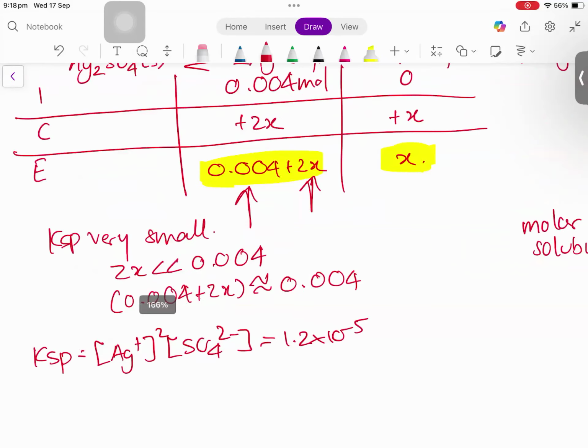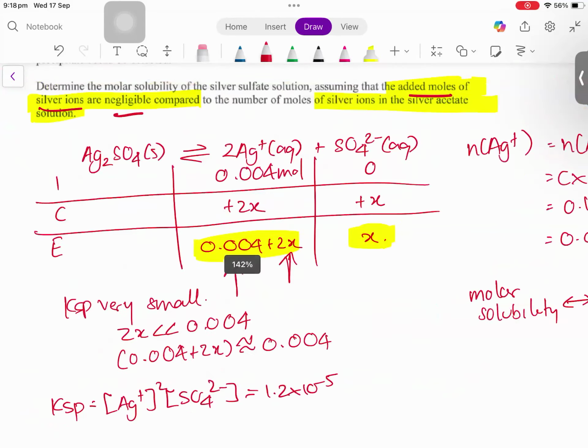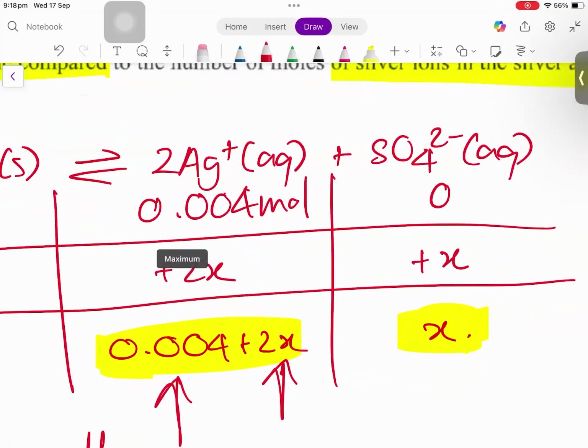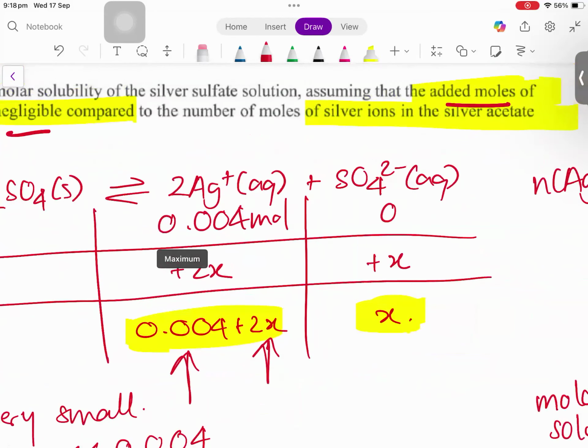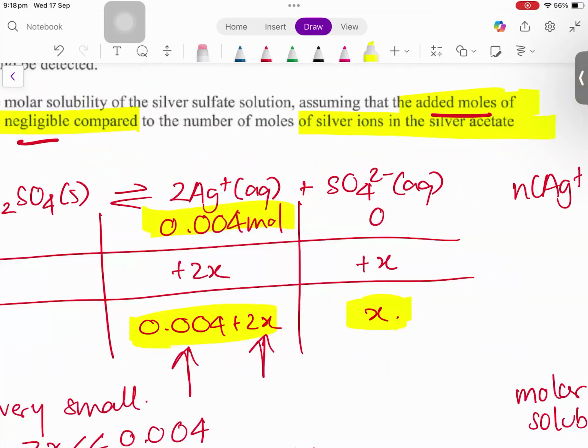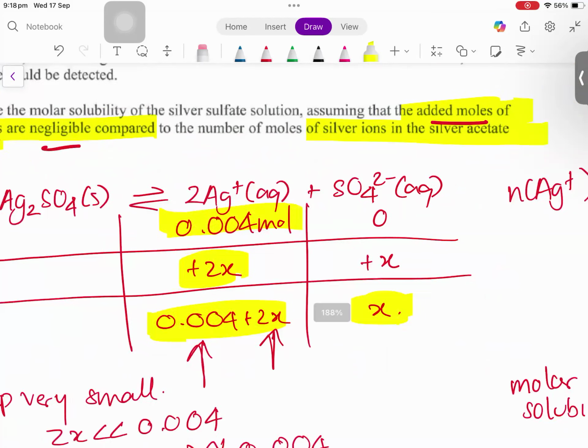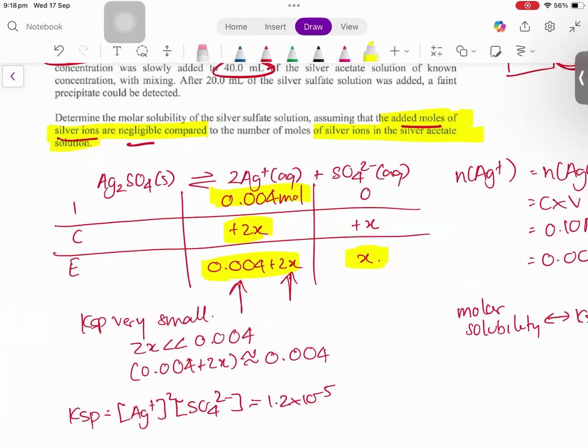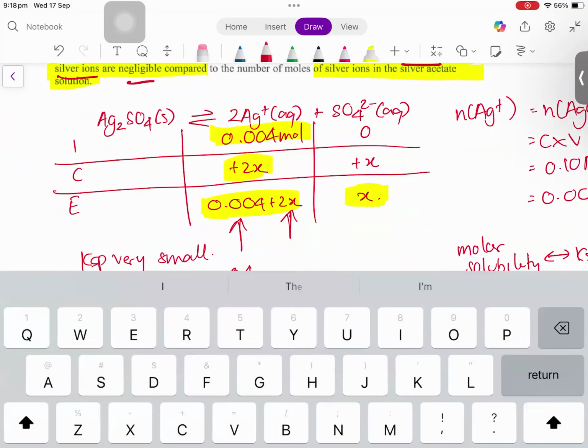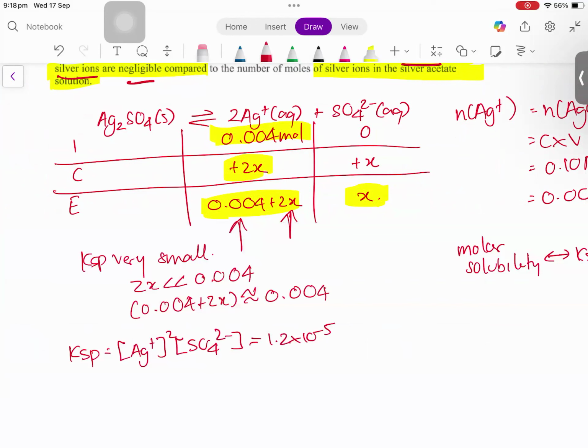Right? You're used to making this assumption. That's basically what they're telling you, yeah? Because 2x is the amount of extra silver that you added. They're basically saying just focus on the 0.004, ignore any added silver, ignore the 2x. You were going to do that anyway. The sentence is long and it's mostly just to be confusing, okay? Remember, you're only assuming x is negligible relative to another number.